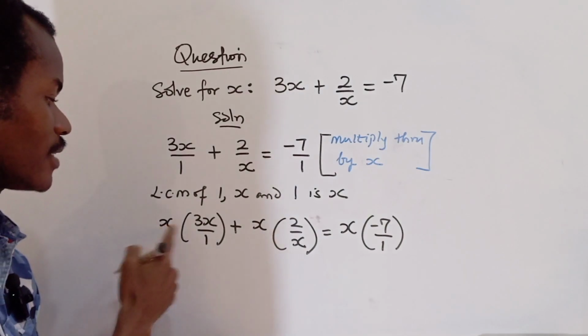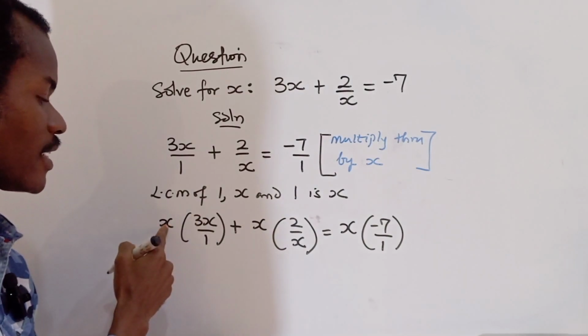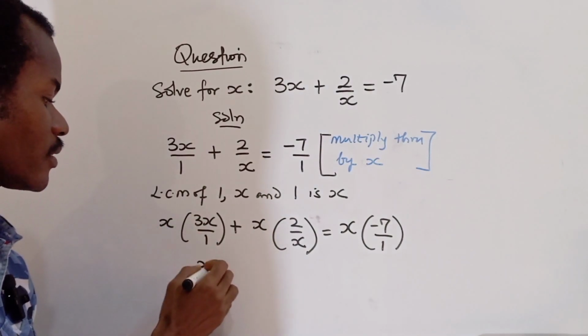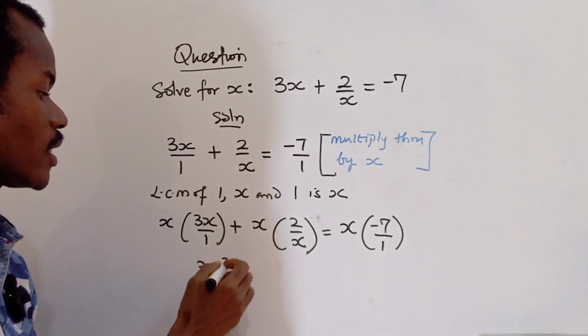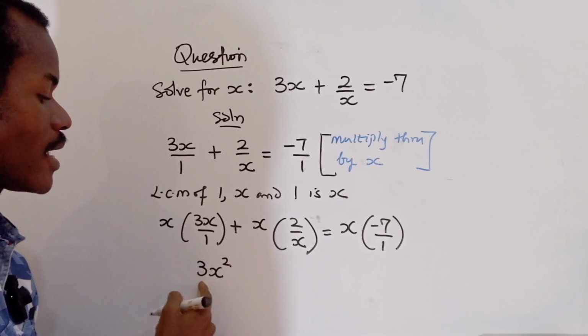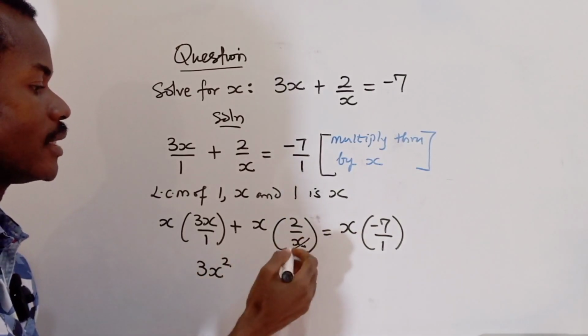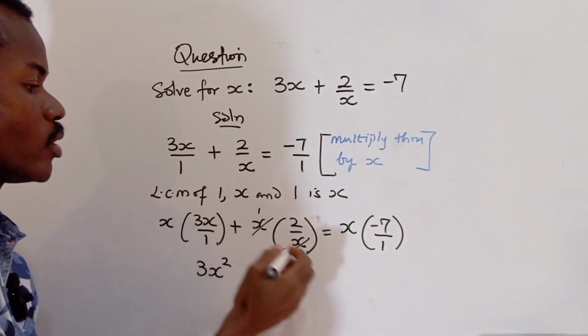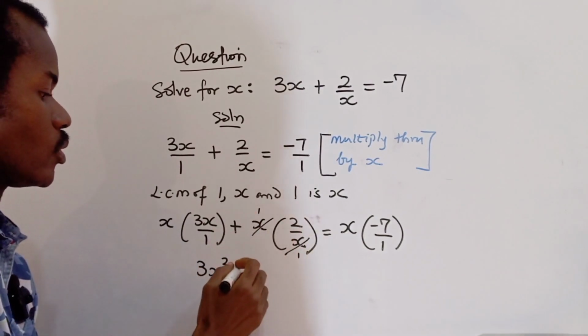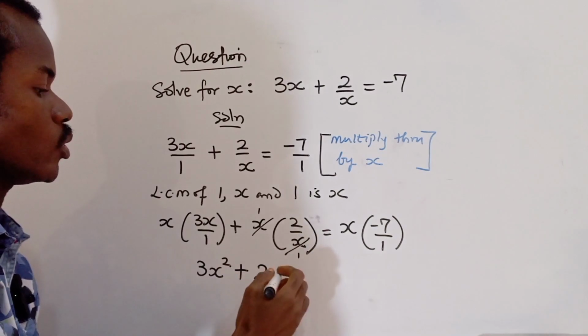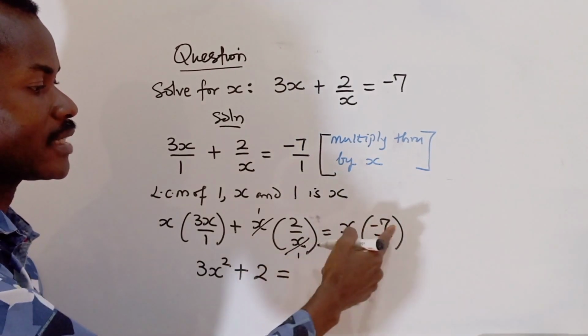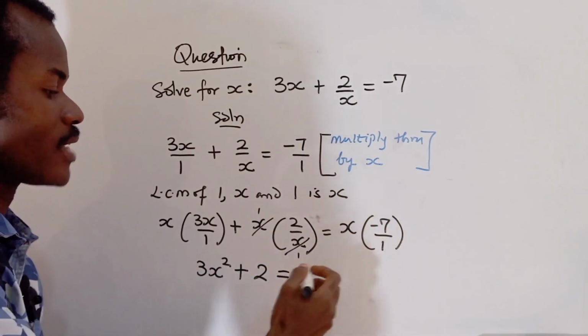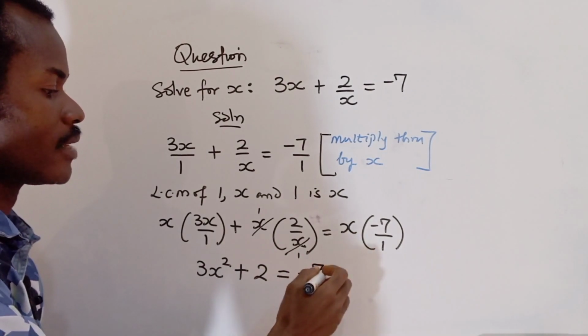So x times 3x is 3x squared, divided by 1 is 3x squared. Now this will cancel out this x, and we are left with 1 times 2, so we have plus 2, which is equal to x times minus 7 over 1, which is minus 7x.